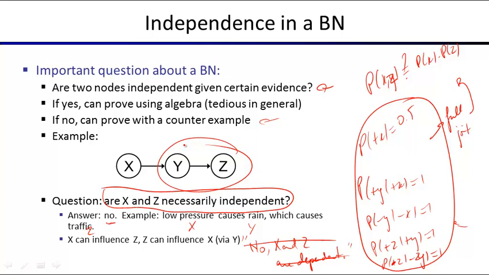Here's my choice of entries: P(+z|+y) is 0.5, P(+z|-y) is 0.5, and of course P(-z|+y) is also 0.5, and P(-z|-y) also 0.5.